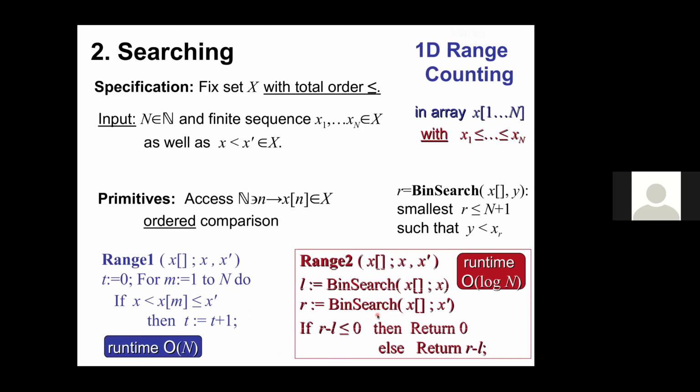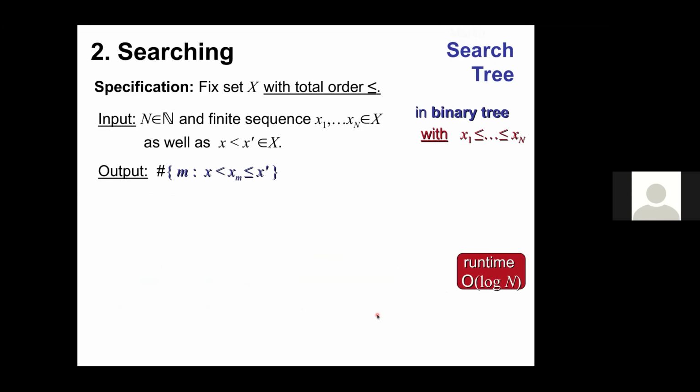Now to finish, I discuss a version of this range counting algorithm which uses a structure called a search tree or binary tree. I think we will talk about this later. I do not know if it will be part that I will manage, but we will have these trees occurring later in the lecture.